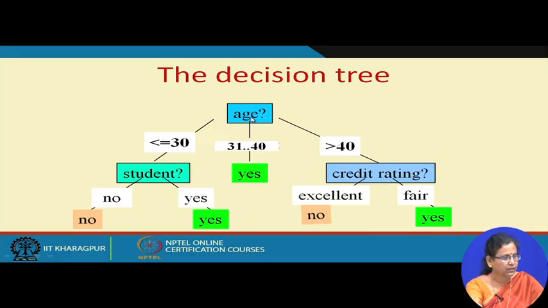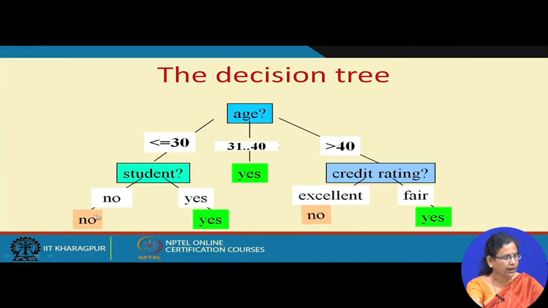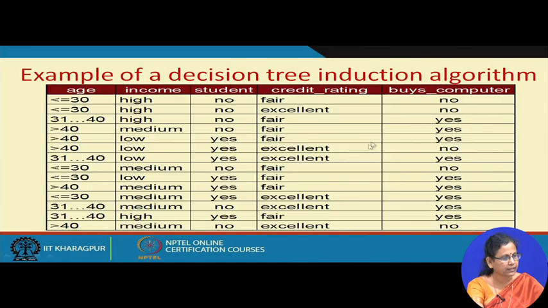Look here, the nodes represent these variables: age, income, whether he is a student or not. These are the input variables, and the leaves of this tree tell you the purchasing decision.